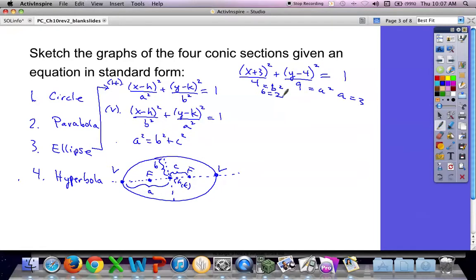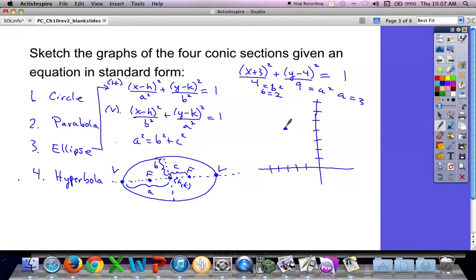What is the center? -3, +4. So if I sketch it, -3, +4 is about right there.